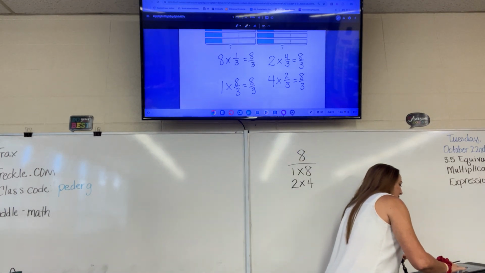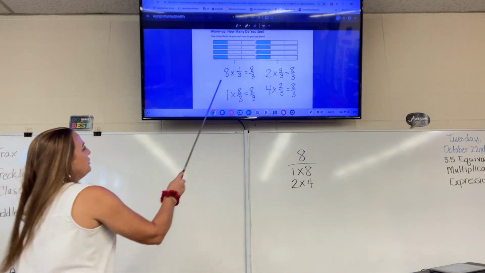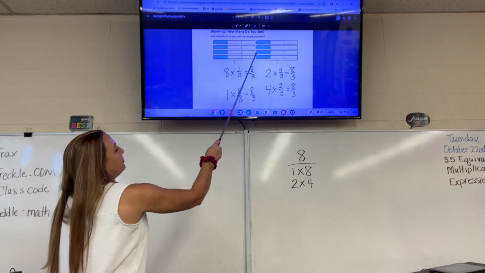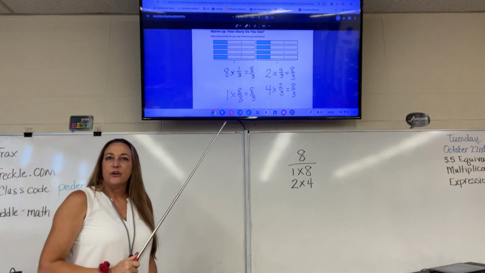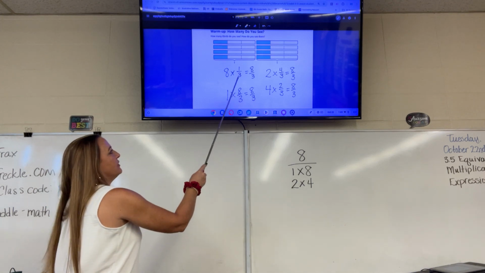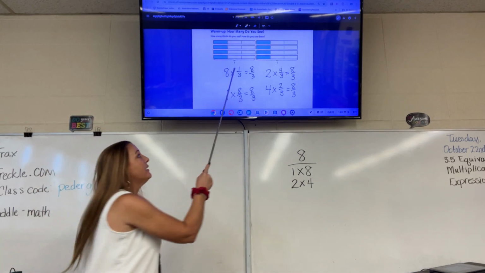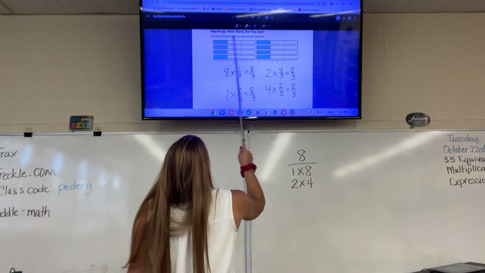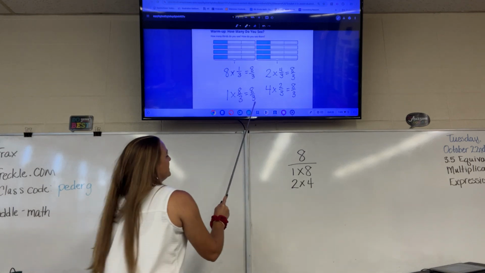So let me show you. It says, how do you see them? So if you saw them like this, you would see each individual group of 8 groups, and each is 1/3, right? For a total of 8/3. If you saw them like this, I see one whole group with 8/3 all together is 8/3.